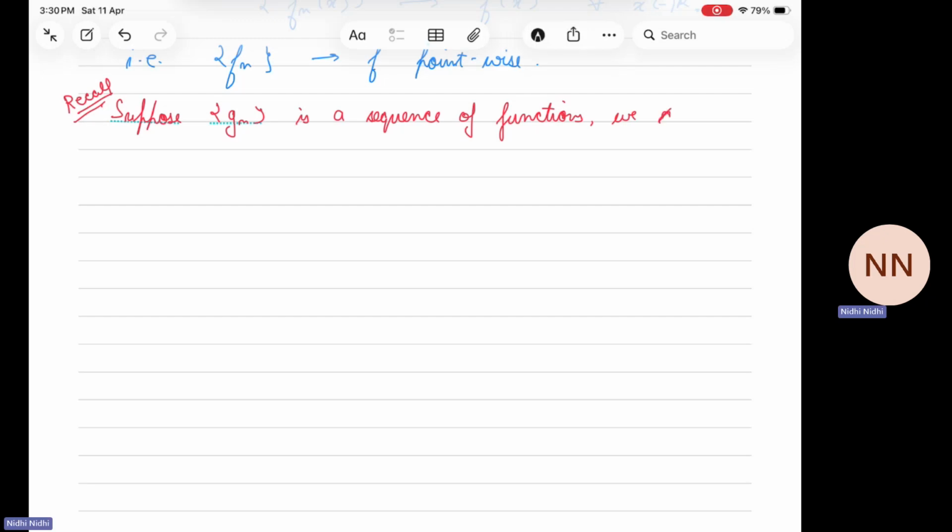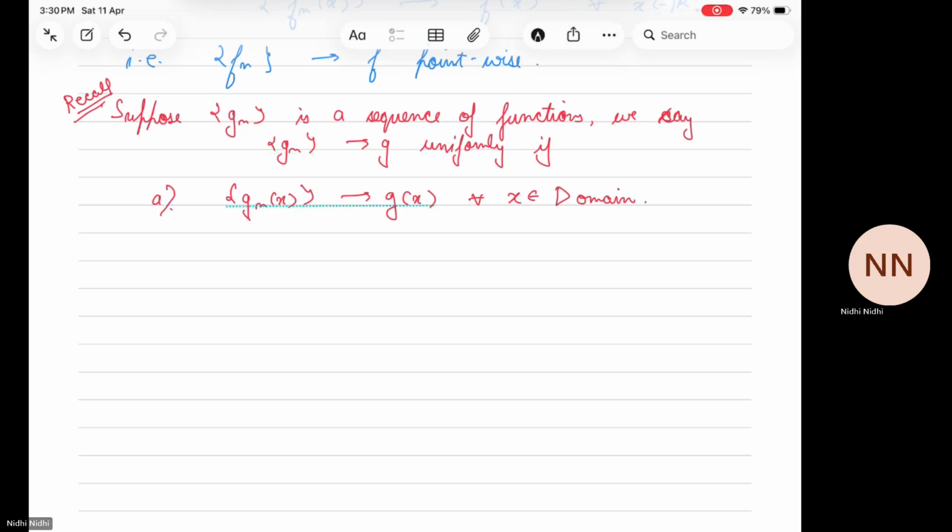We say G_n converges to G uniformly if the following holds. Firstly, G_n(x) converges to G(x) for every x in whatever the domain of the function is. Or we say that this G_n converges to G pointwise.